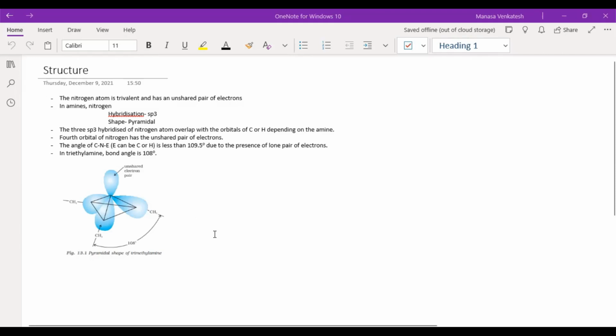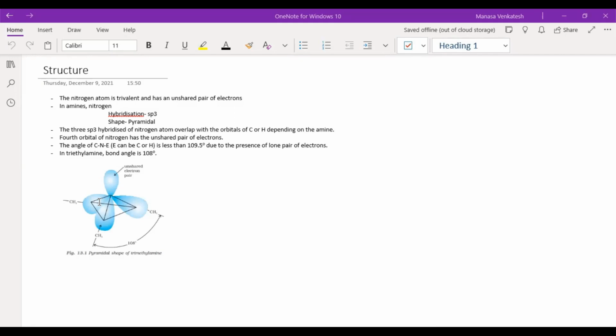So in amines, the nitrogen atom is sp3 hybridized, okay? And each of these sp3 orbitals is going to overlap with either an alkyl group or a hydrogen based on the kind of amine that is formed. We will be learning about the classification in a bit, but the overlap with the sp3 hybridized orbital is going to be with either an alkyl group, with another carbon atom, or it's going to be a hydrogen atom.